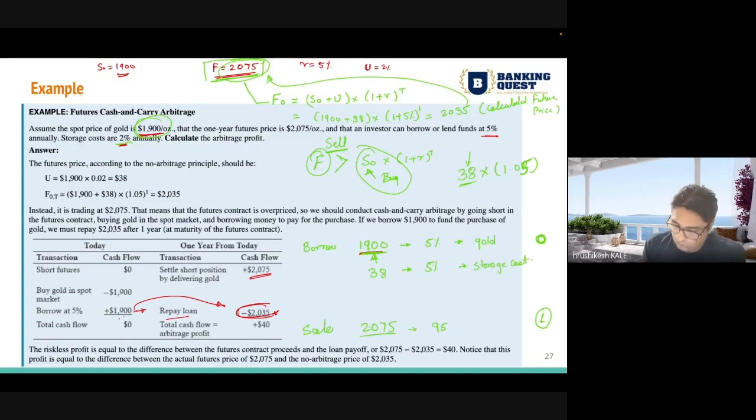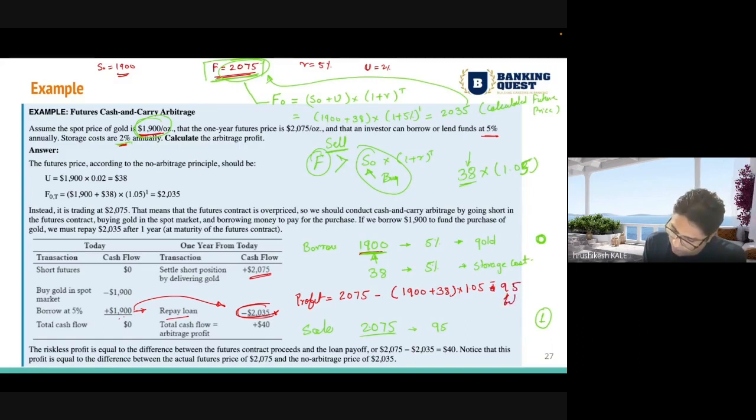Okay. Now, let's calculate the profit. Now we will be correct. So profit is equal to, I am selling at 2075 minus (1900 plus 38) into 1.05, plus 95. Rather minus 95.